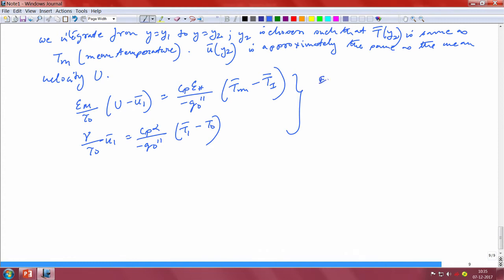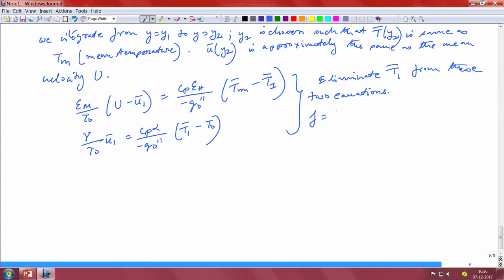You eliminate T1 bar from these two equations, and we use the definition of friction factor.